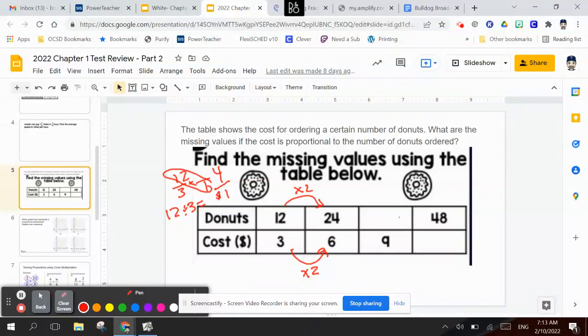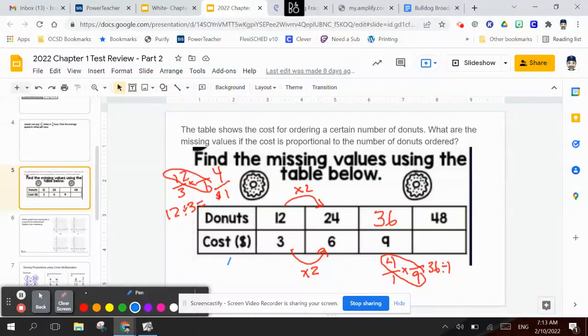So if I have 9 donuts, there's 4 donuts for $1. And I have $9. How many donuts can that be? If I cross multiply, 9 times 4 is 36. Divide that by 1, that is 36. What if I have 48 donuts? How much is the cost?